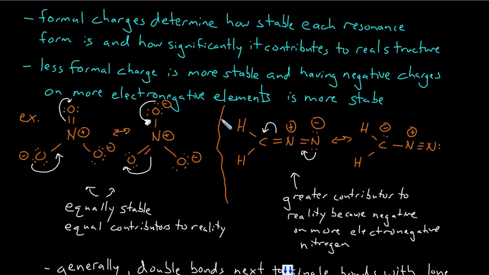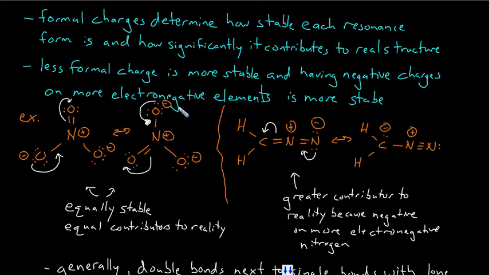And their importance is determined by how stable they are. The more stable a resonance form, the greater it contributes to the reality of the molecule. The greater its depiction and characteristics are actually observed in the actual molecule.